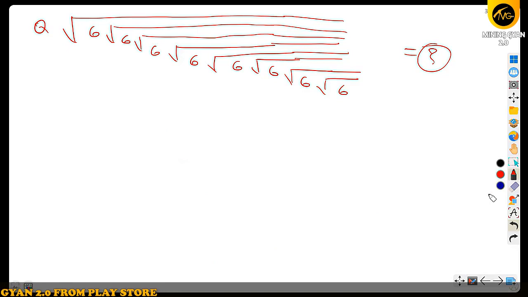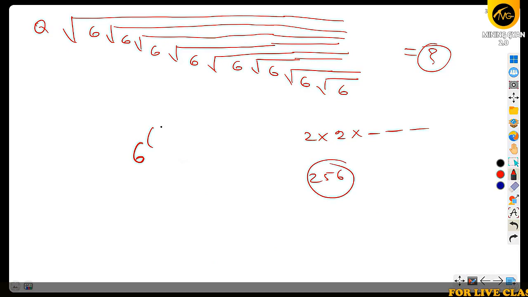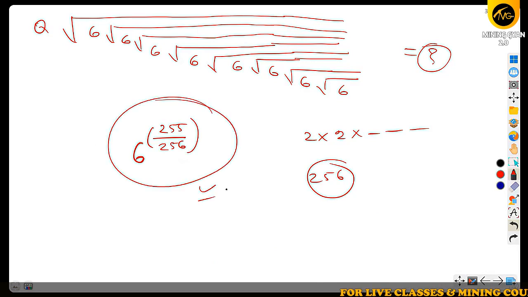Now in this case, we can easily say that the answer will be in the form of 6 power. How many times? 8 times, na? Just multiply 2 into 2 into 2 in 8 times. That is 256. Now just minus 1, 255, whole divided by 256. That is the short form of the solution. 6 power 255 divided by 256.